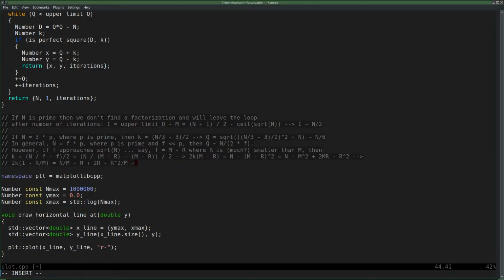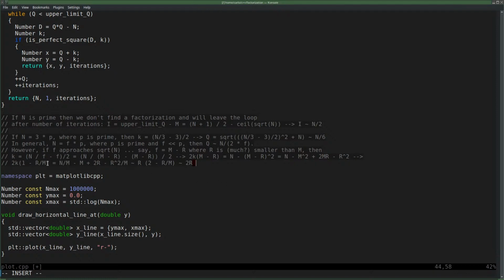That is more or less M. So this is just M minus M, drop out, R times 2 minus R divided by M. Which is more or less equal to... Now I'm going to use that R is much smaller than M, so it is more or less 2R, yes?